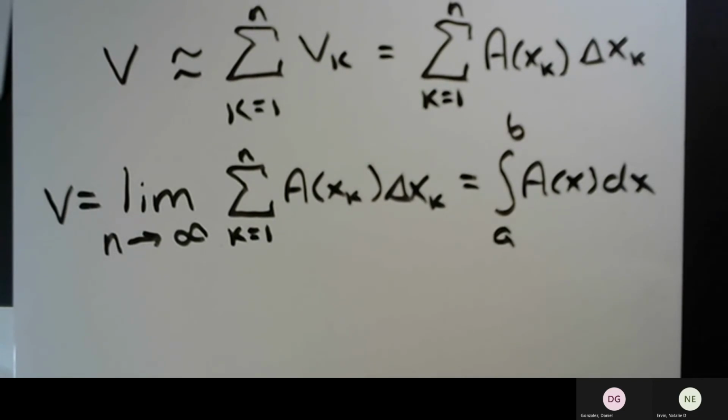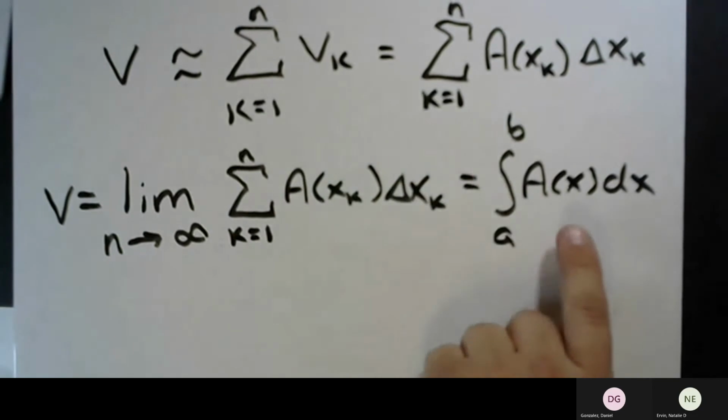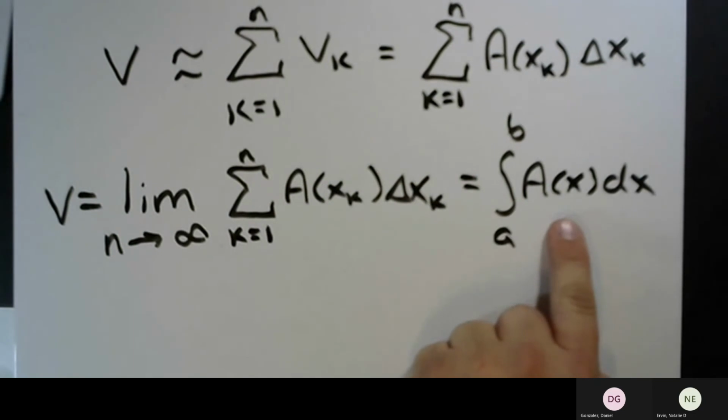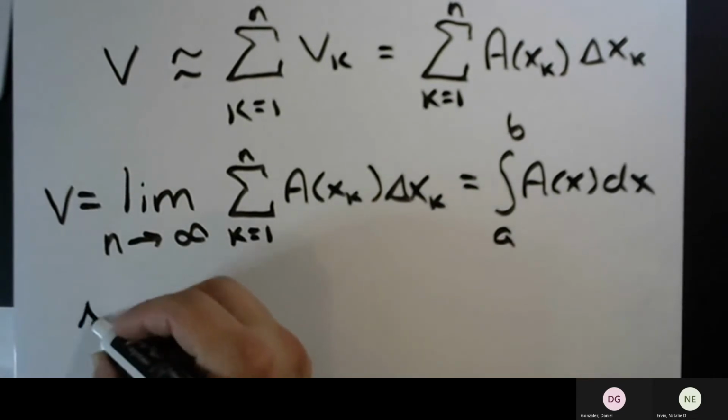Now here's the trick. We need to figure out basically two things: the bounds, and then we have to figure out the cross-sectional area of this shape as a function of x.